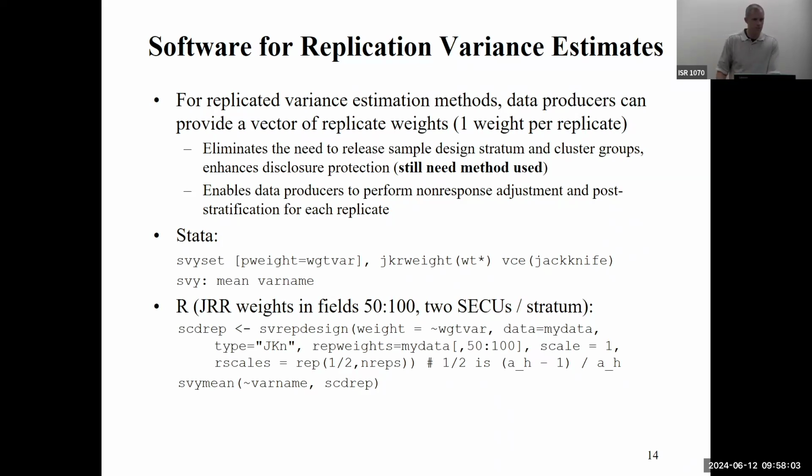I just want you to come again. I think in the previous lecture you mentioned that the motivation for the data producers to provide the replicate weights is basically to maybe make the cluster and strata codes anonymous, or maybe that they just remove them entirely.